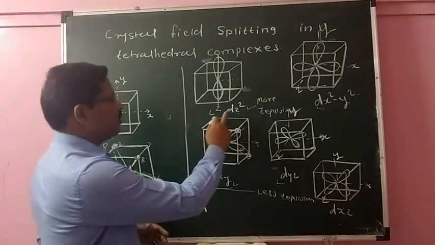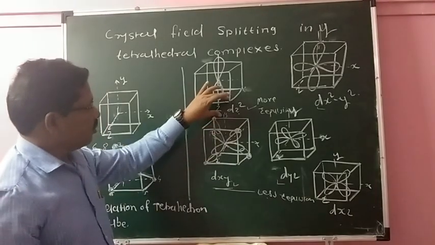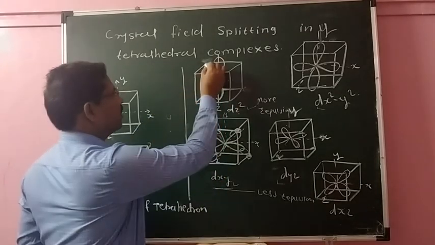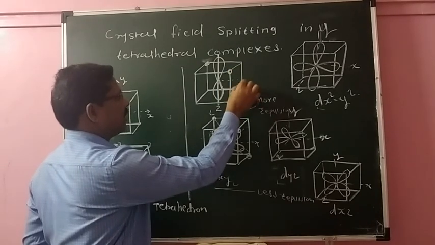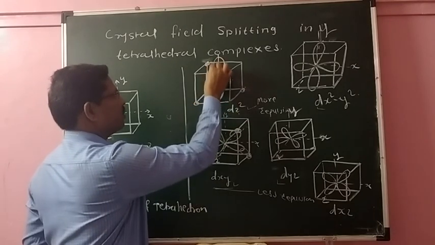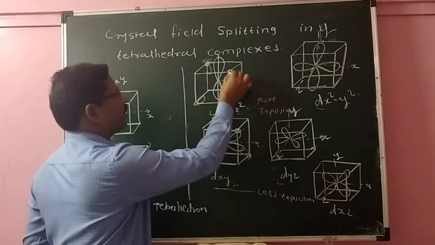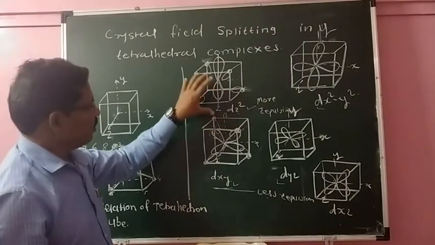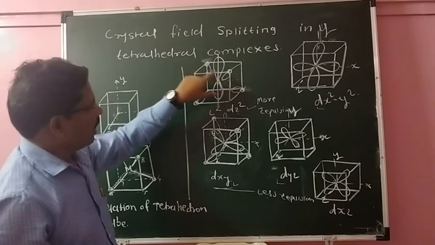But in the case of the dz square and dx square minus y square orbitals, the lobes are away from the ligands. The ligands occupy the alternate corners of the cube, and these ligand orbitals are away from the z axis. There is no interaction between the metal orbitals and ligand orbitals.